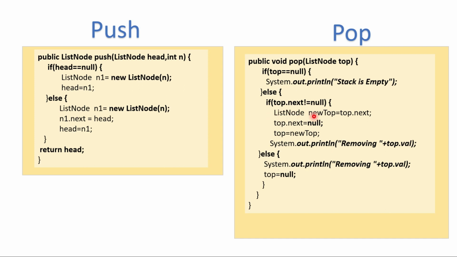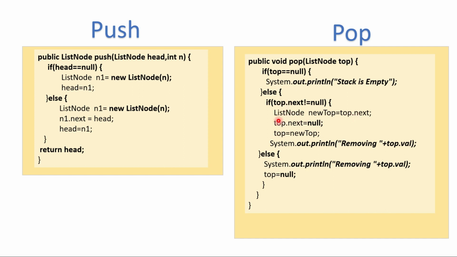So whatever is top now, the top's next will be our new top, then I make the old top's next null, and our top becomes the new top. And I am printing that I am removing top.val, because we are removing the value from the top portion only.